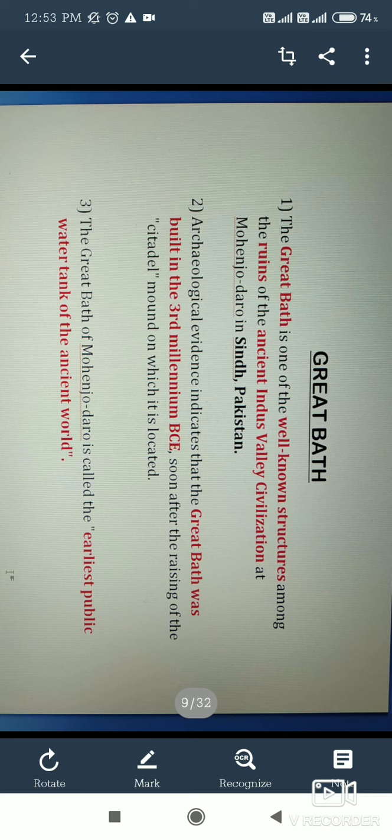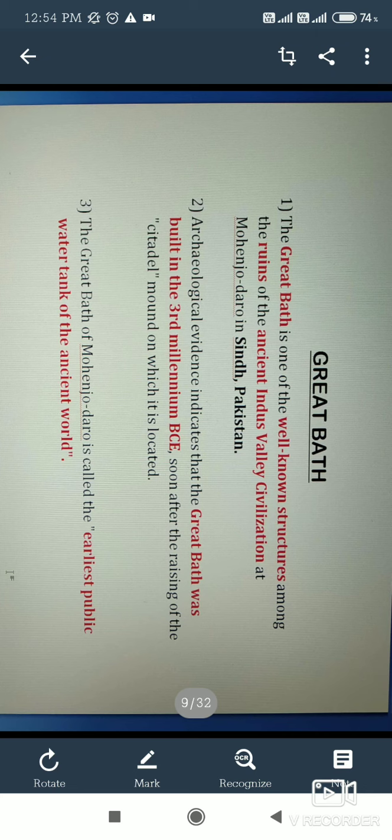The evidence represents that the Great Bath was built in the 3rd millennium BC, soon after the raising of the citadel. Citadels were always constructed on a mound, that is, a higher platform. The Great Bath of Mohenjo-daro is called the earliest public water tank of the ancient world.